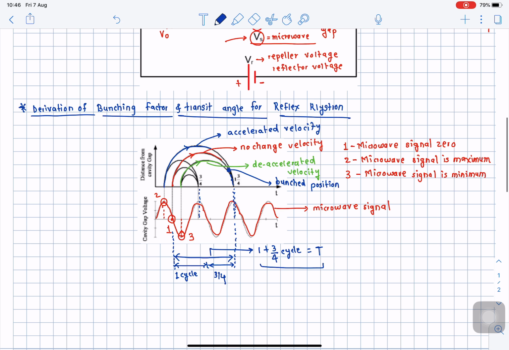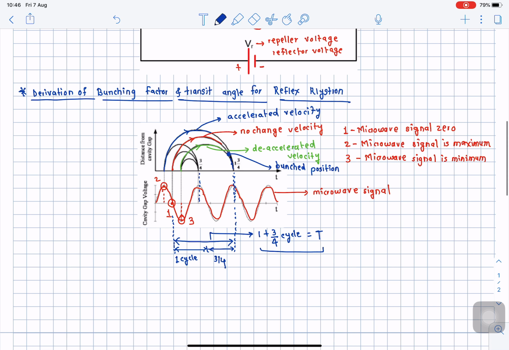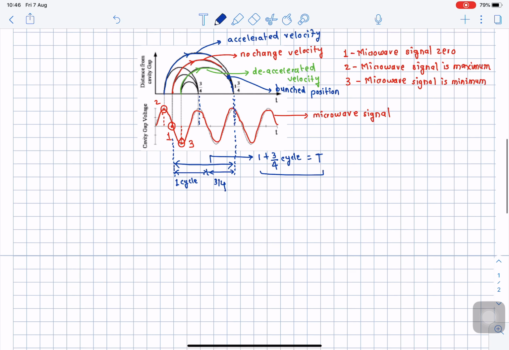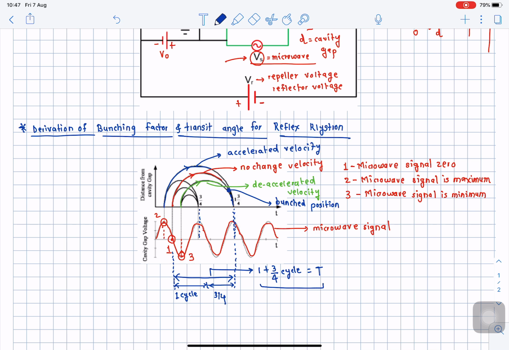So let us go ahead and derive the expression for the bunching factor and transit angle when we operate our reflex klystron.